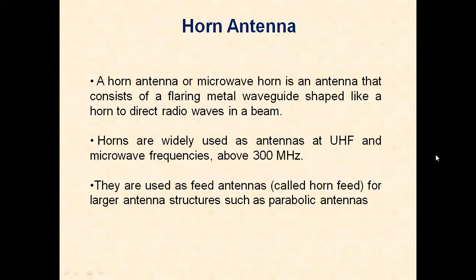So now let us look into the horn antenna. This is also one of the most widely used antennas. The horn antenna can also be called a microwave horn because this horn is particularly used for microwave applications. So the horn antenna, sometimes we call it a microwave horn antenna.